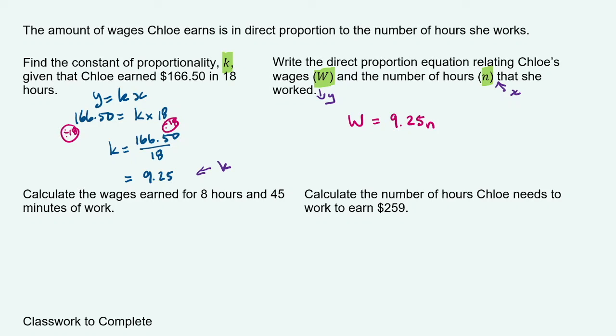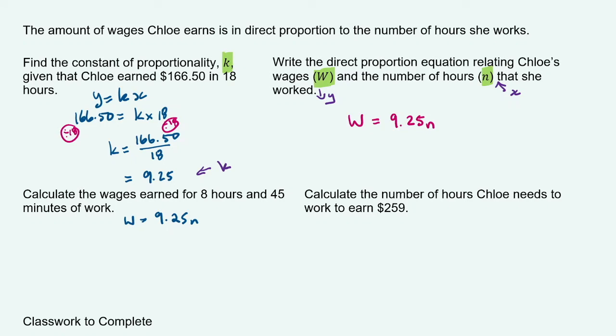Now I'm going to calculate the wages earned for 8 hours and 45 minutes of work. So I'm going to set up my equation. W equals 9.25N. I'm going to substitute in the value that I know, which is 8 hours and 45 minutes.